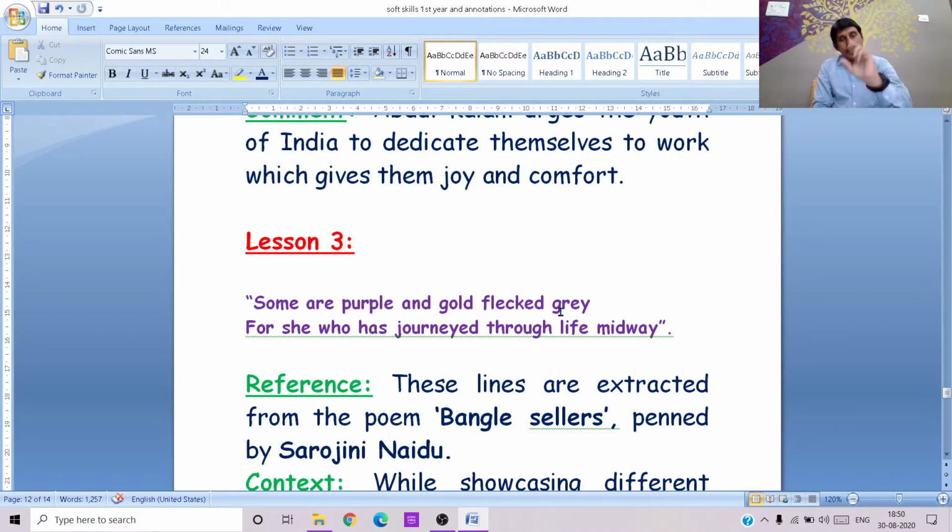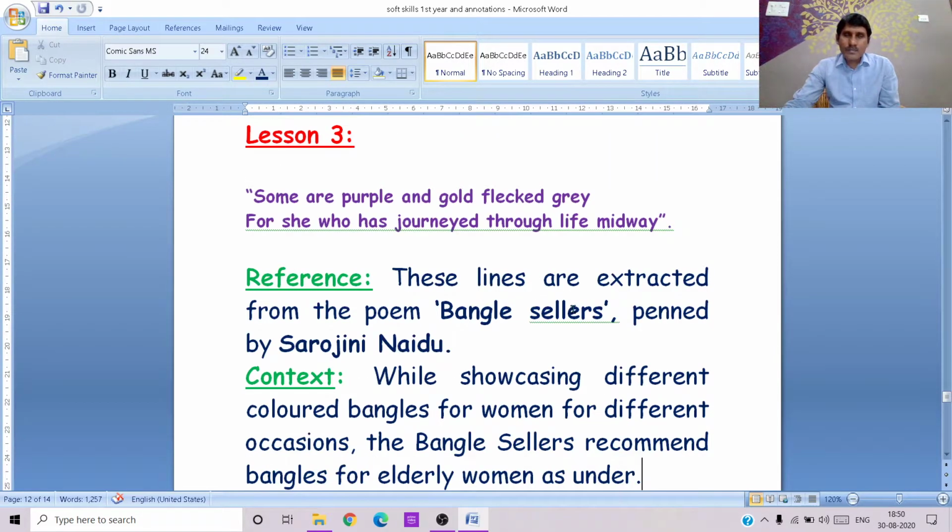These are the two lines. So they are the bangle sellers. They have multicolored bangles for different occasions. They have bangles for innocent girls, silver and light green colored bangles. For a bride on her marriage day they have red and yellow colored bangles, and they have different significance.